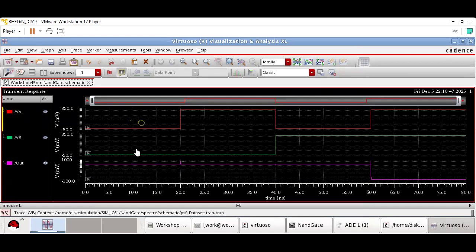Okay, this is VA. This is 0, 0, 1, 0, 0, 1, 1, 1. If there are two zeros, the output is 1. If there is 1, 0, the output is 1. If there is 0, 1, the output is 1. When the case is 1, 1, the output becomes 0.